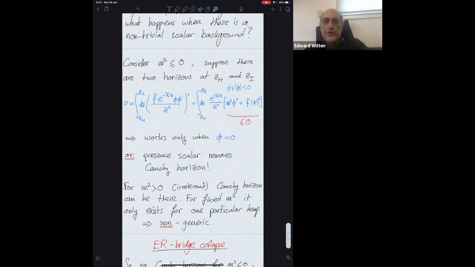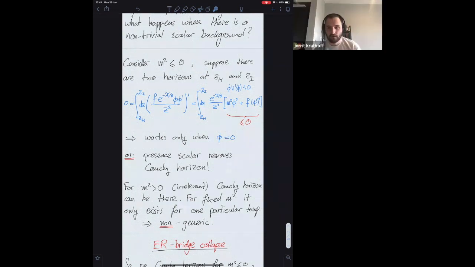So for the irrelevant operator, you said that the Cauchy horizon was non-generic. Is that obvious from what you said, or is it some further argument? No, it's pretty elaborate to show that. Let's see how that went again.